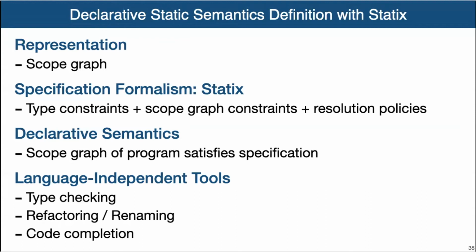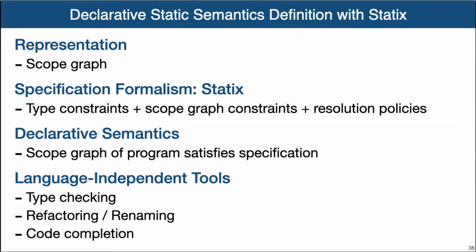We have a declarative semantics for that language, which defines how a scope graph satisfies the specification. And that is not an operational definition, but really a declarative definition. And then we have language independent tools based on this.